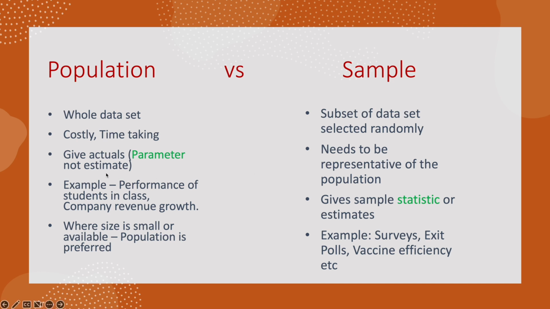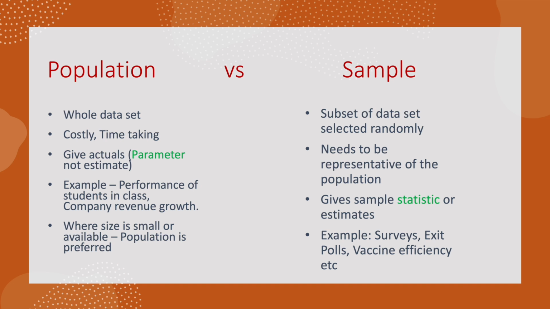In what situations can we actually deal with the population? If, let's say, your data size is very small. As an example, just assume that in a class, the class teacher is trying to assess the maths performance. He or she has taken a test, and in the class there are 30, 50 or 100 students.